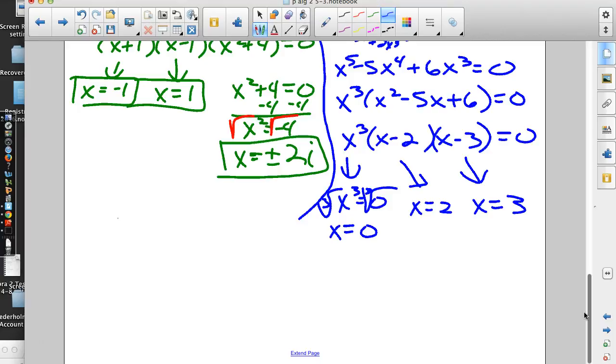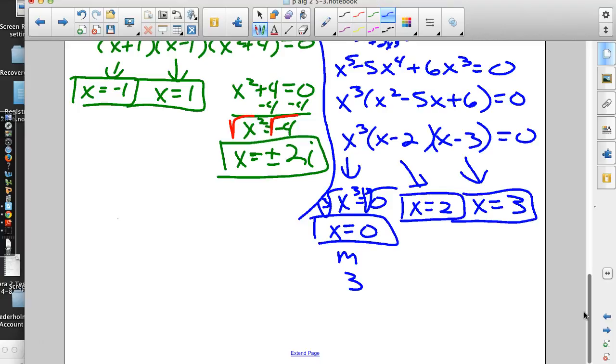This little bugger right here goes to the power of 3. That means this 0 counts 3 times. That's called multiplicity. So this is a 0 of multiplicity 3. It counts for 3 of our zeros, so 3, 4, 5.